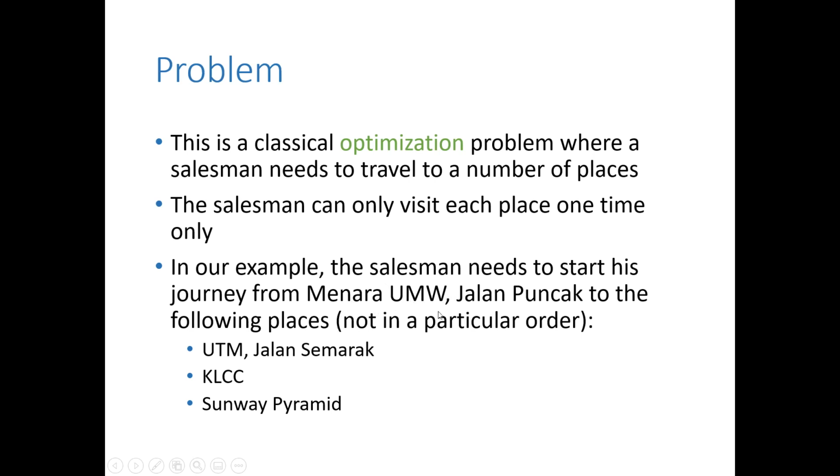So from UMW, the salesman has to go to UTM, Sunway, KLCC and Sunway Pyramid. He can only visit these places once, but he has to cover all the places. So which sequence does the salesman have to use such that the total journey is shortest?